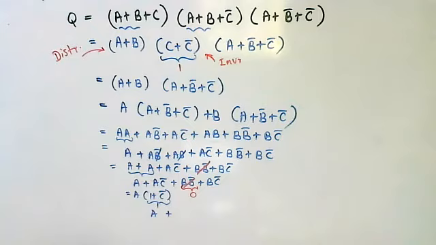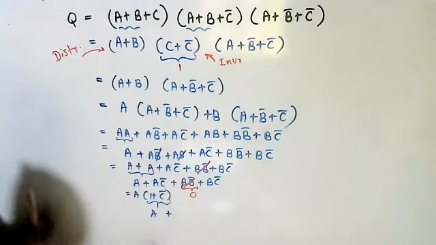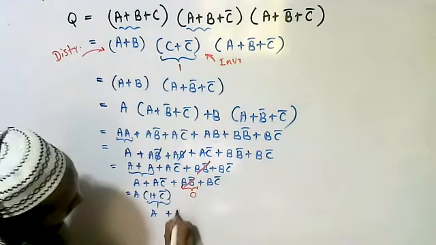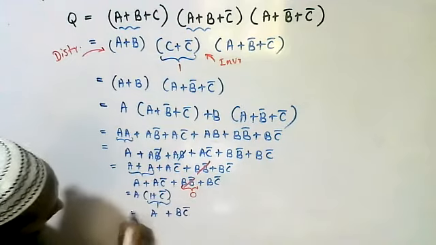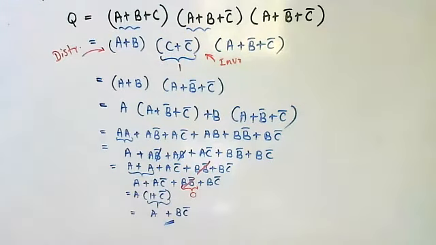What is the law there? BB bar equals 0, inverse law. So BC bar is there. This is the final one: A plus BC bar. We are getting the final expression like that. Then easily we can draw the circuit and convert it into universal NAND gates.